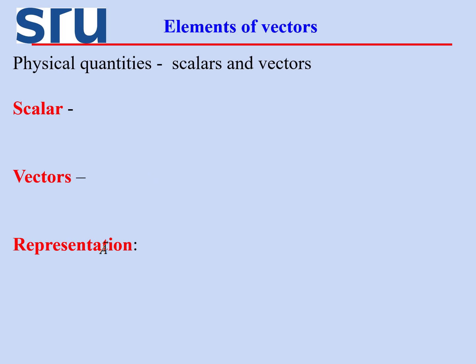So now we discuss some basic concepts related to this topic. The physical quantities are divided into two categories: one is scalars and another is vectors. How can we define the scalar? A scalar has only magnitude but no direction.